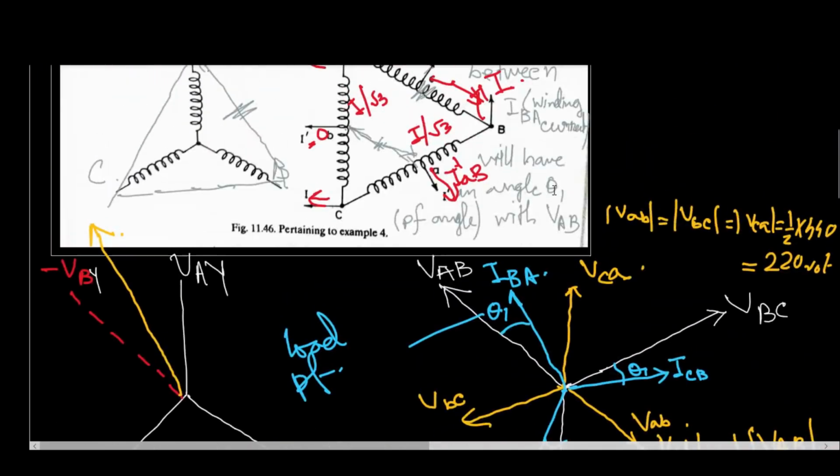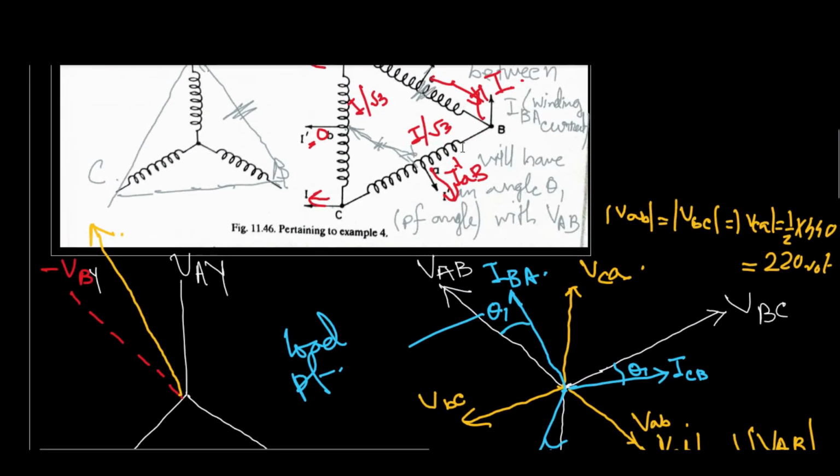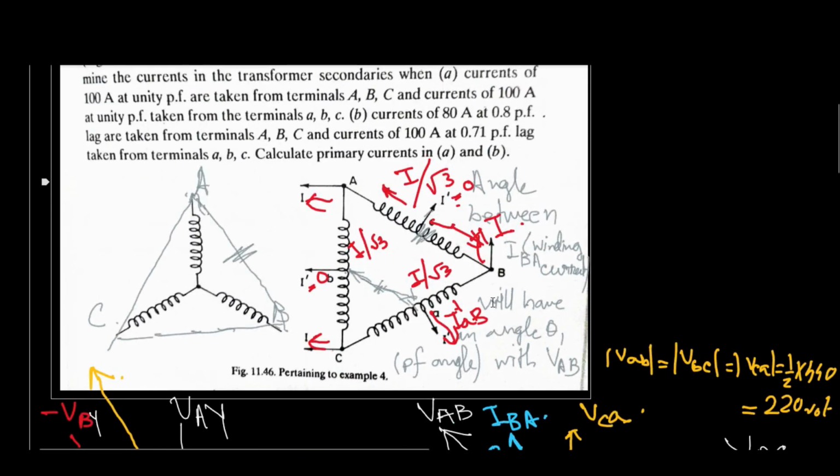Here you can see that this current is whatever is flowing through this winding BC. You can understand it like the way we have constructed our delta star.